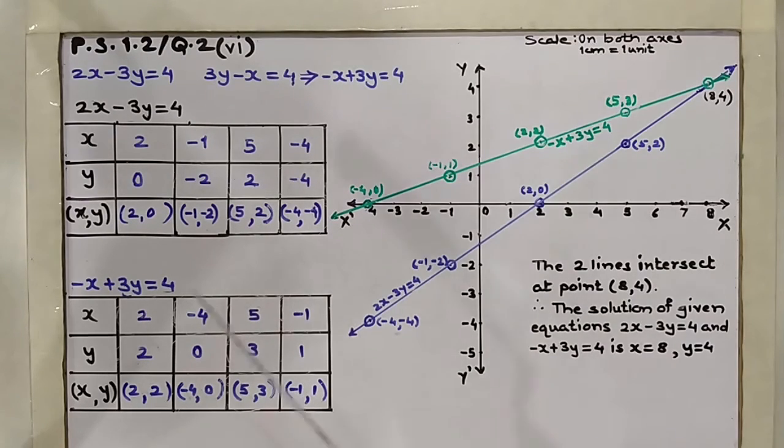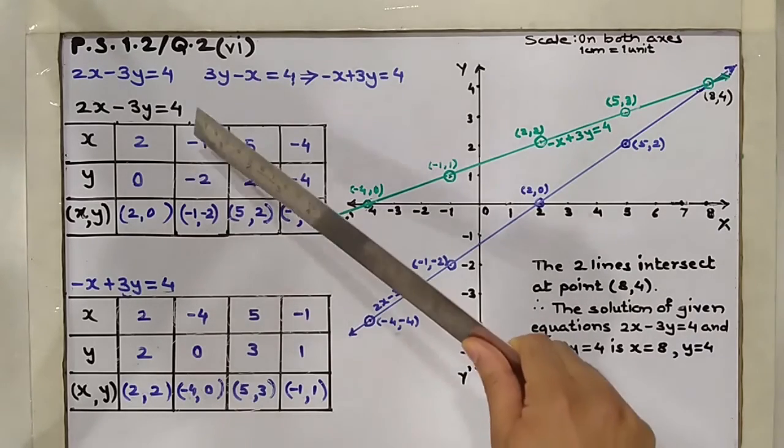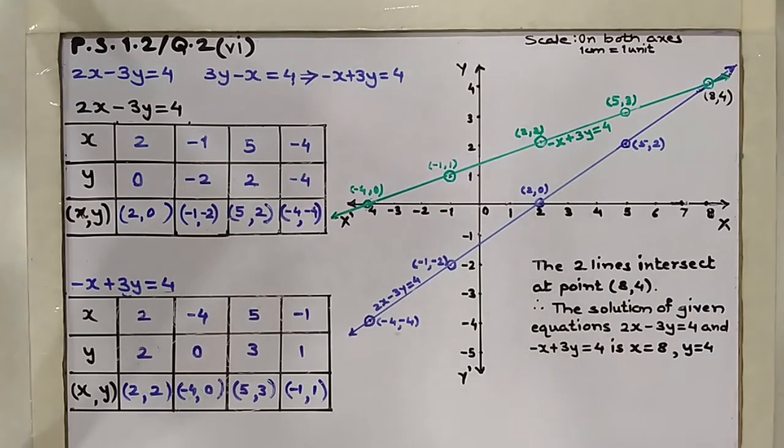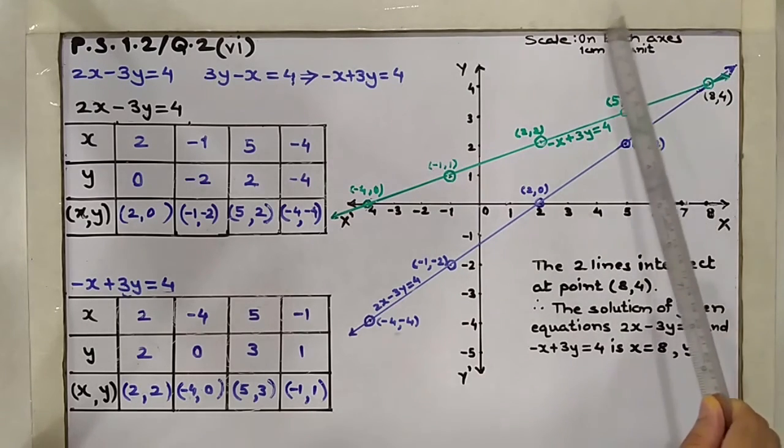Now we are going to plot these points on the graph paper. First and foremost, you have to draw the axes, that is the x-axis and the y-axis, and then you have to choose a proper scale. If you observe the coordinates of the points in both the tables, we can take the scale as 1 centimeter equal to 1 unit.